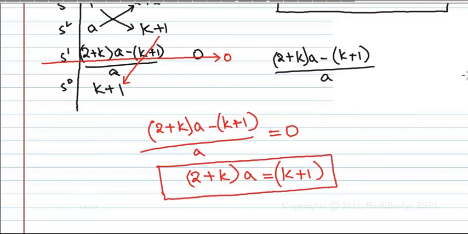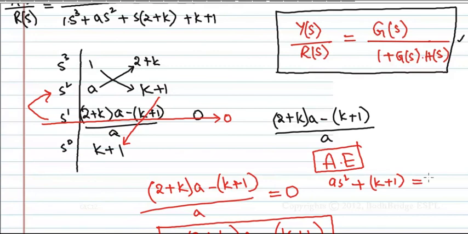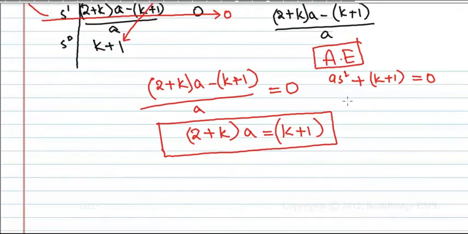Okay, when the system is oscillating, what is the frequency of oscillations? That is given by the auxiliary equation. How do you write the auxiliary equation? From the row above the row of zeros, that is this s square row. I am writing it here. The auxiliary equation is as square plus k plus 1. How do you get the frequency of oscillations?